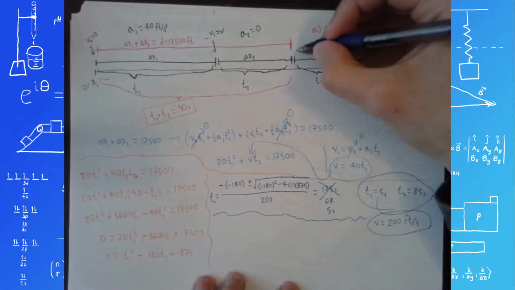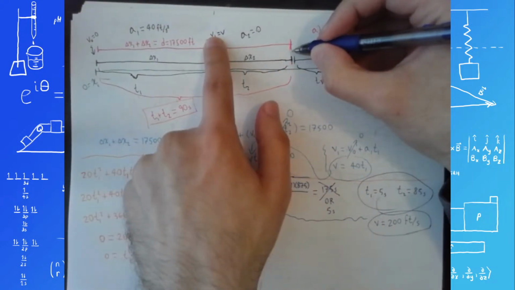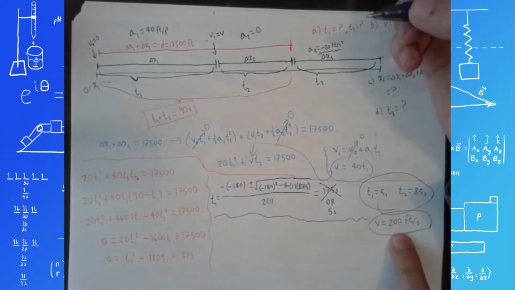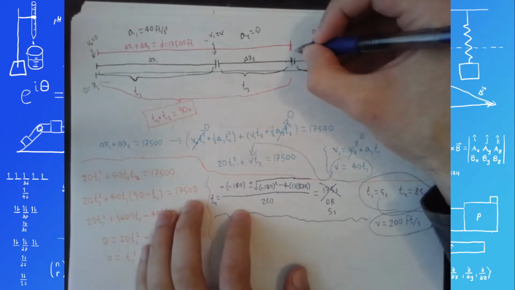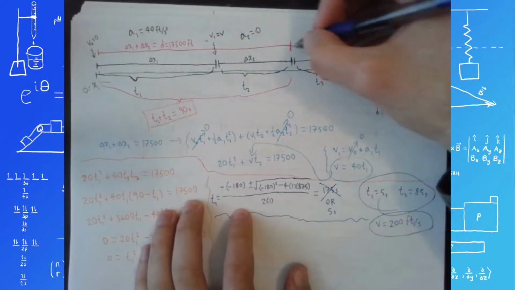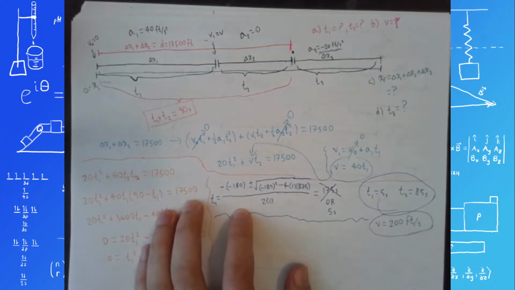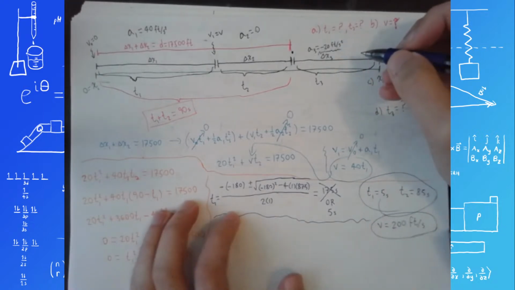And we know what the velocity is at the end of phase 2. It's a constant velocity for all of phase 2. It's what we just calculated. It's 200. So if it's at 200 feet per second this whole time, then it starts at 200 feet per second for phase 3 and loses 20 every second, so that should take 10 seconds.